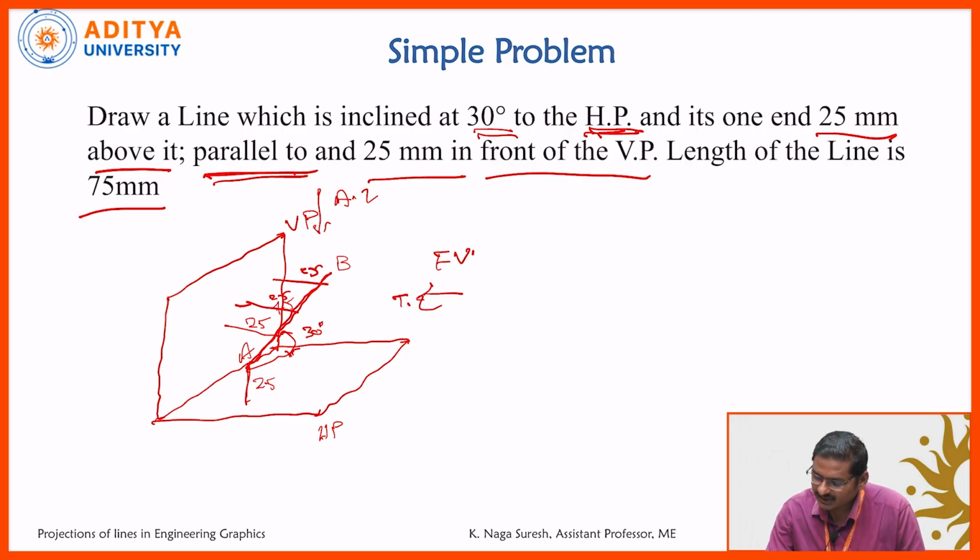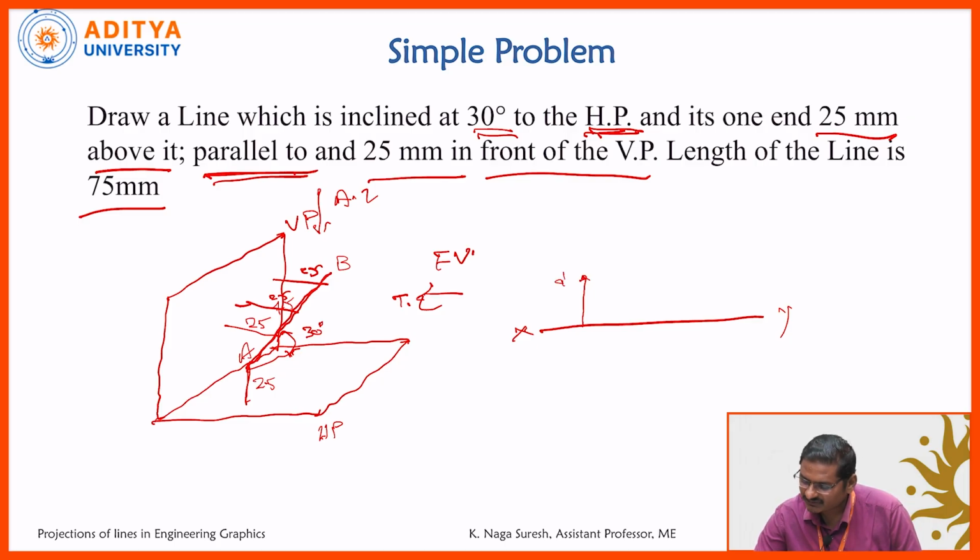When you see the front view, take a reference line. The true length will be visible, with one end 25 mm above the HP, so take a projector at 25 mm. This is A dash, the front view.